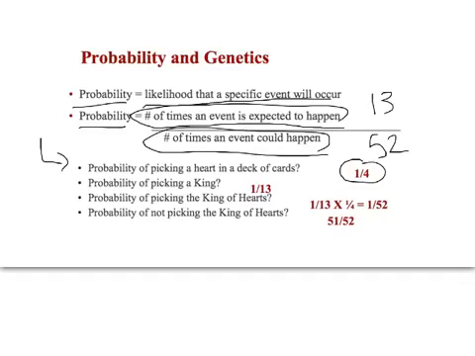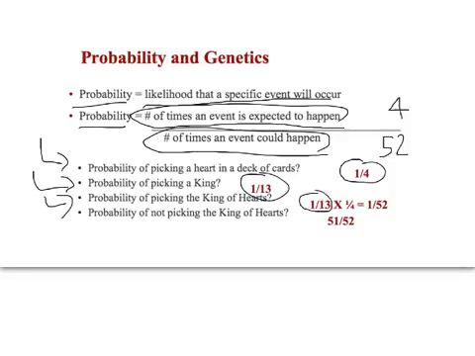If you're calculating the probability of picking a king out of a deck of cards, there are 4 kings out of 52 cards in a deck, so that would reduce down to 1/13. If I wanted to know the probability of picking the king of hearts, I could multiply those two probabilities together and get 1/52. Or the probability of not picking the king of hearts, well, there's 51 non-king of hearts cards out of 52 total.